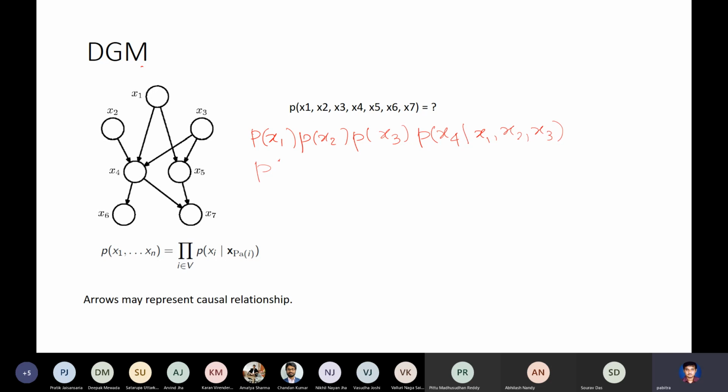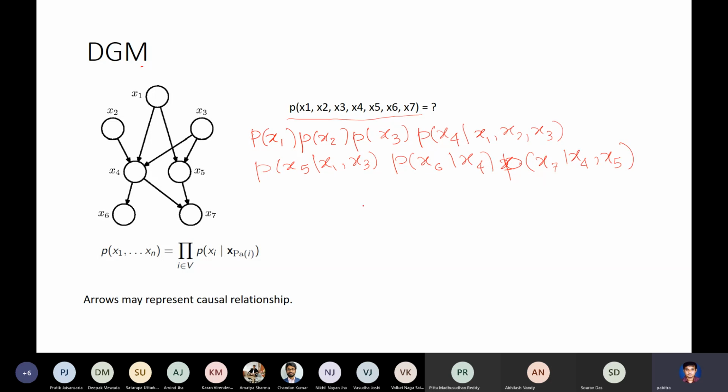Look at x5. X5 has two parents, x1 and x3, so it is conditioned on x1 and x3. X6 has just one parent, x4, and x7 has two parents, x5 and x4. So this graph corresponds to this particular factorization of this joint distribution.